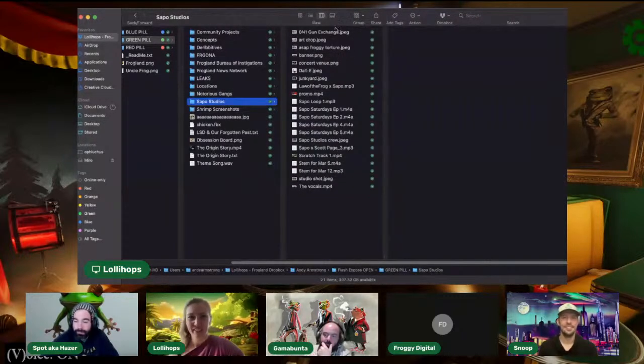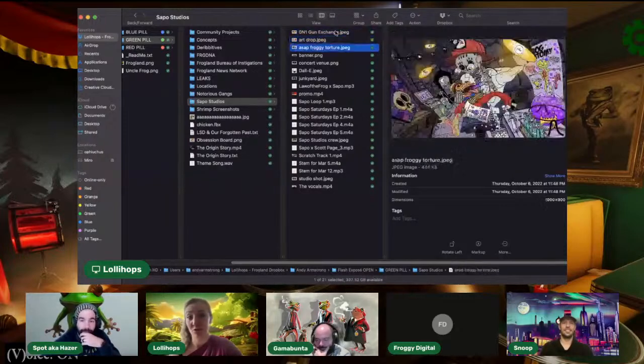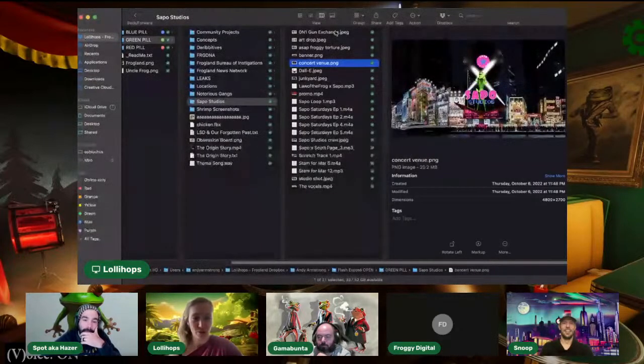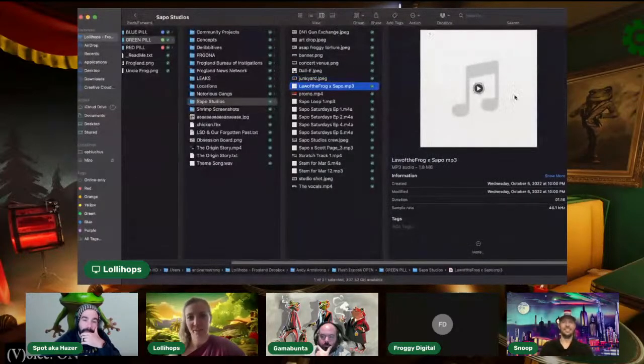And then we've got Sapo Studios, who have their whole backstory with images the whole way through. I'm not using the correct word there, but there's a whole lot of artwork that's gone into tracking their origin story. And I put some of the co-created files that we have on here.